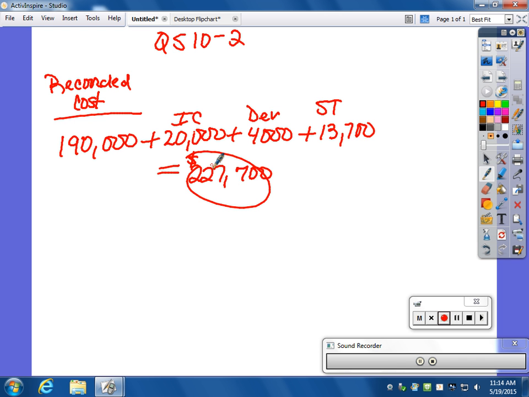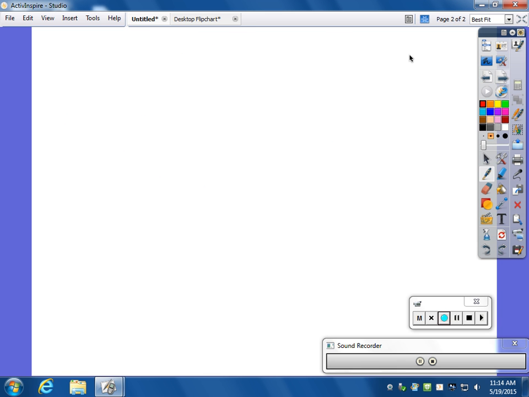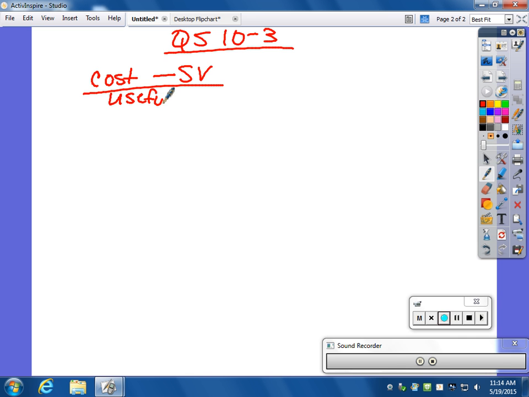So, before we even write numbers, what is the straight line equation? Cost minus salvage divided by useful life. So what was our cost for this problem? 65,800. And did it have a salvage value? 2,000.